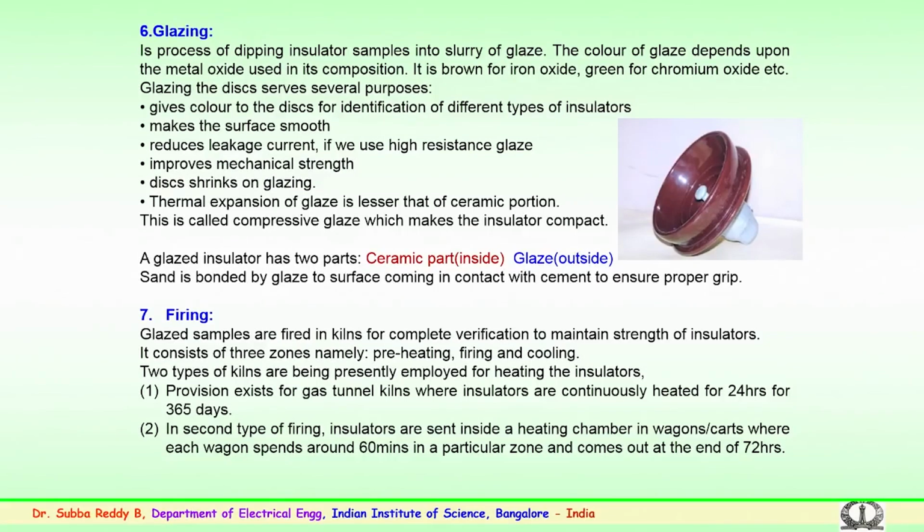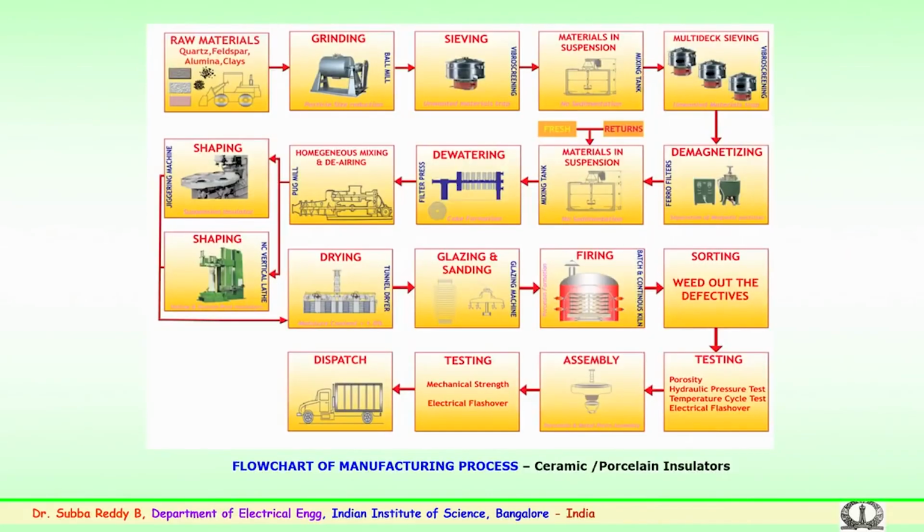Through several zones, it comes out by the end of 72 hours. So, each zone takes 60 minutes, that is 1 hour, up to 72 hours in total. This firing is a very important process in the manufacturing of a ceramic insulator.